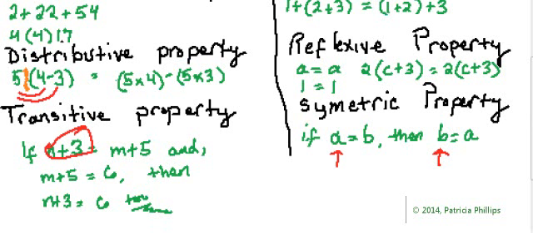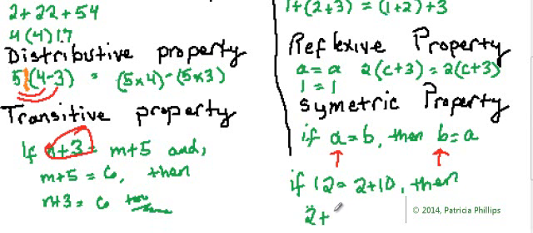So we'll do an example with numbers now. If 12 equals 2 plus 10, then can you figure out what this is going to be? If 12 equals 2 plus 10, then 2 plus 10 equals 12.